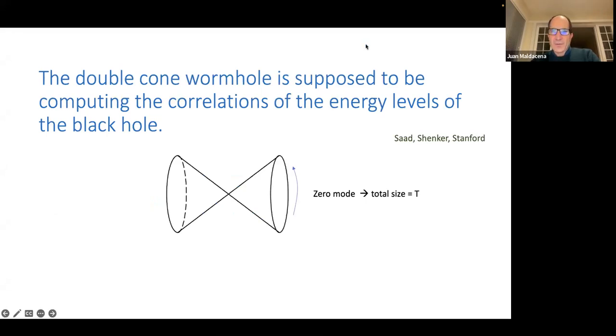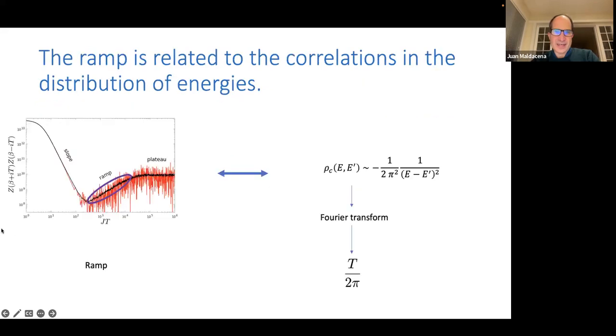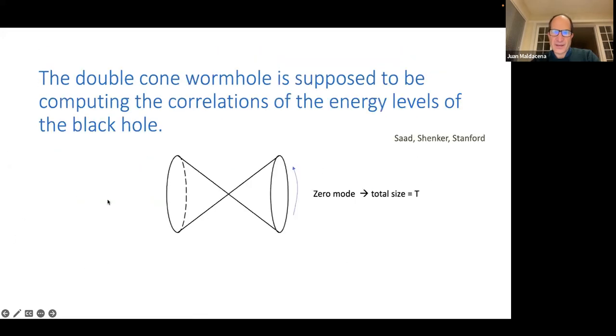Now, the double cone wormhole is supposed to be computing this correlation of energy levels, exactly this thing here. And the idea is that the piece that is linear in T comes from a particular zero mode where we have this geometry, and we can rotate the left side of the geometry relative to the right side. Because the total volume here is T, that's where we get the factor of T. So that's the idea.